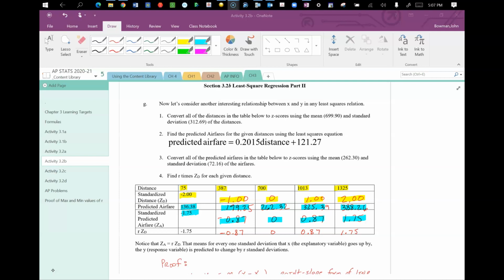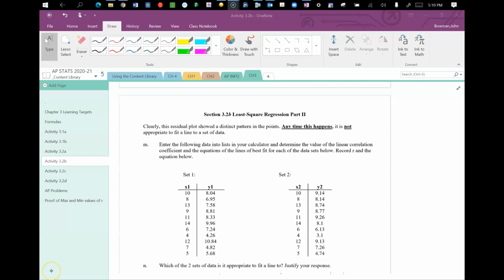And in our case, r is 0.87. So as distance went up by 1 standard deviation, the predicted airfare went up by 0.87 standard deviations. So that's another relationship between the explanatory variable and the response variable when you look at the least squares regression line. All right, we are skipping around a little bit here.